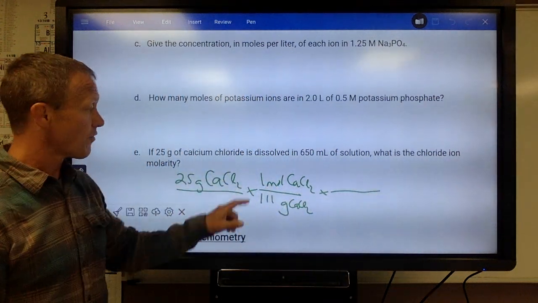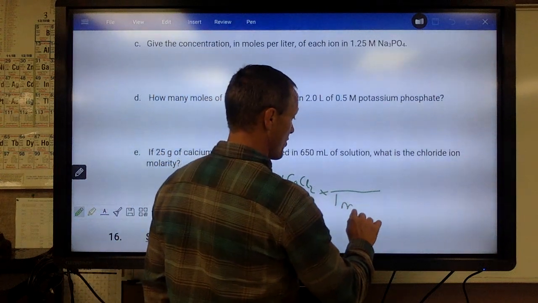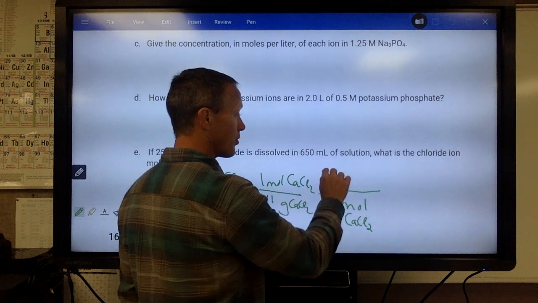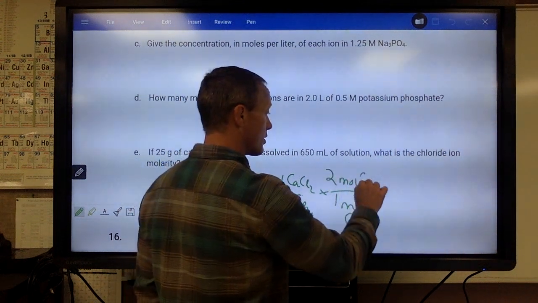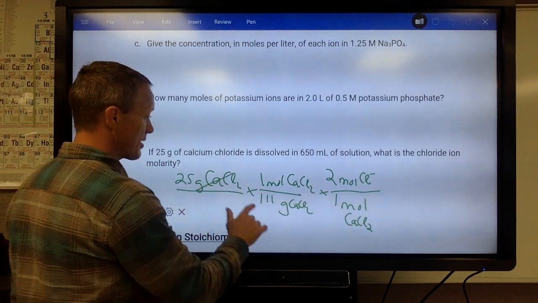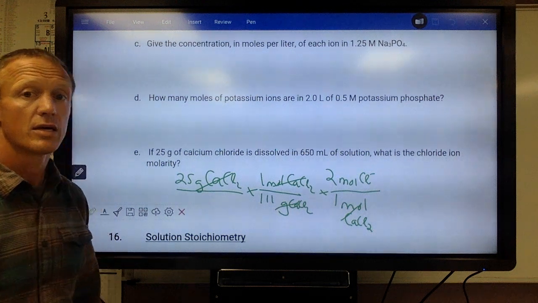And for every mole of calcium chloride, there are 2 moles of chloride ions. Every mole of calcium chloride that dissolves in water produces 2 moles of Cl- ions. So that cancels, that cancels, and we're left with moles of chloride ions.